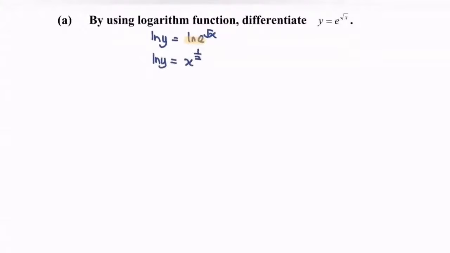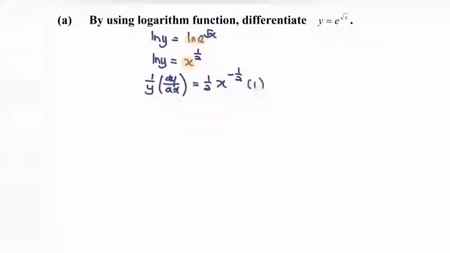Differentiate ln y, and we will have 1 over y multiplied with dy/dx, because this is not x. We are differentiating the situation with respect to x, that's why we need to add on dy/dx. Focus on the right hand side. If we differentiate x to the power 1 over 2 with respect to x, we will have 1 over 2 x to the power of negative 1 over 2. Do remember to differentiate the x, which is the internal function, and we will have 1.